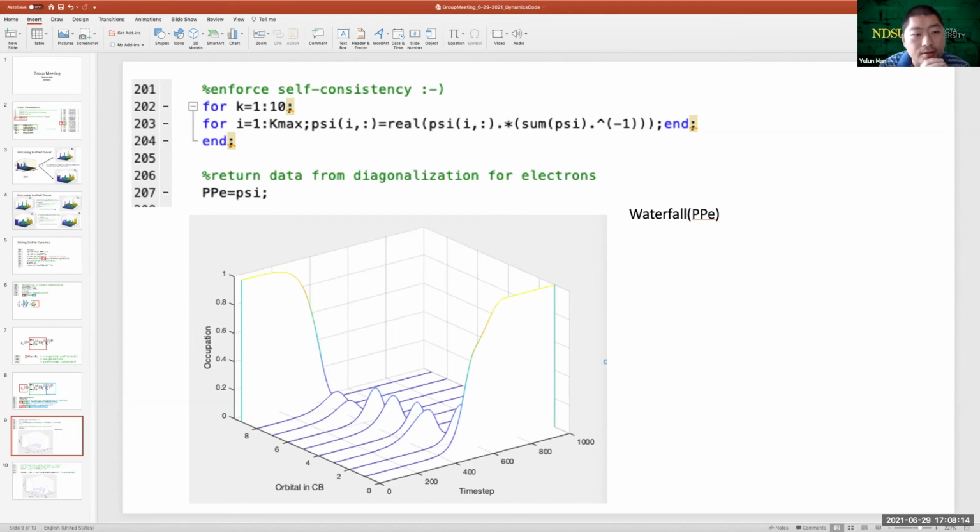So here you use a value of 10. Is there anything special about this value? No, it's empirical. It would work with maybe 5, and it will work with 20.